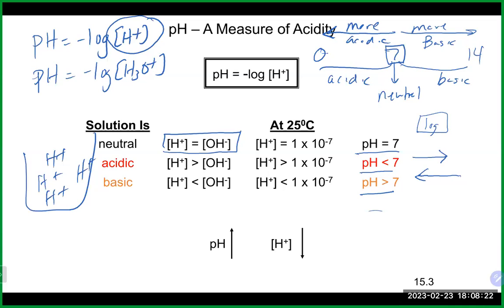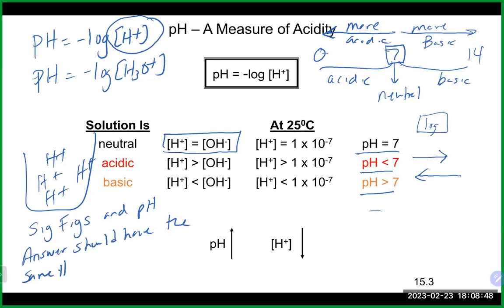So let's talk a little bit, though, about sig figs and pH, because everybody likes that. So when you calculate something like pH, your answer should have the same number of decimal places as the concentration value has significant figures.